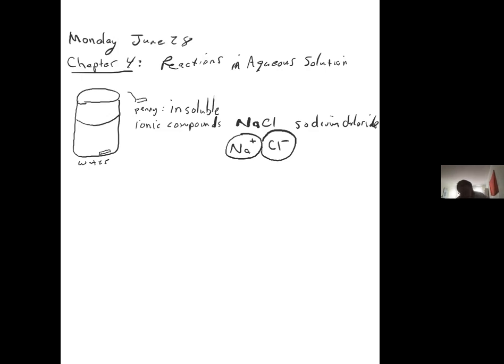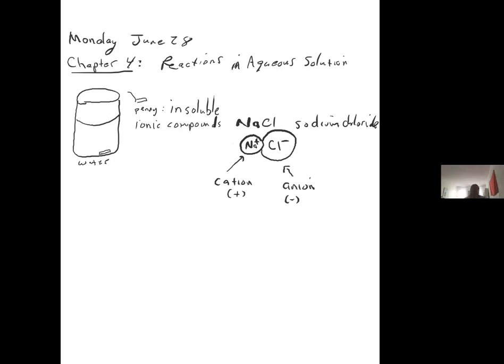I actually overestimated the size of the sodium ion, so let me be a little closer to their actual relative sizes. It looks about like that. The sodium is positively charged, so we call that a cation. A cation is positively charged. The chloride ion is an anion, which is negatively charged.